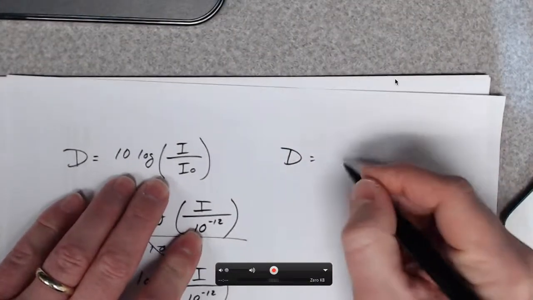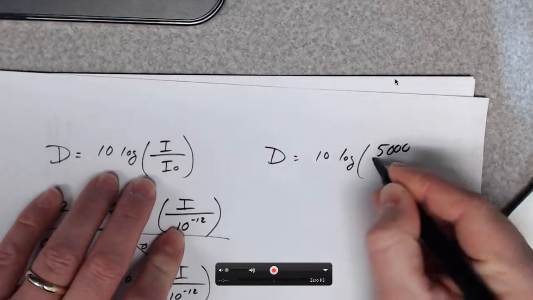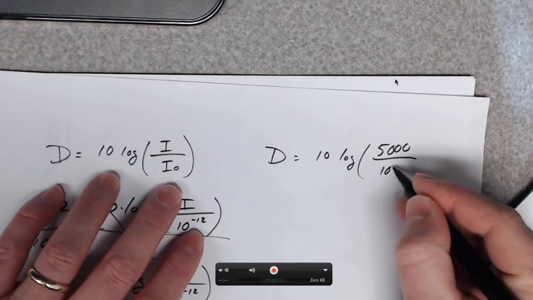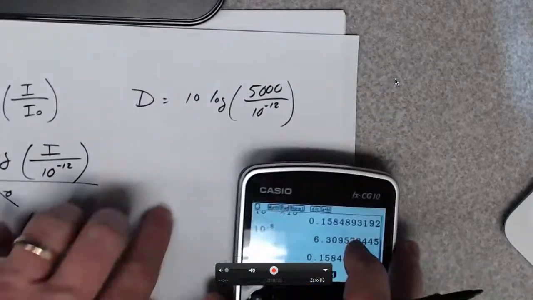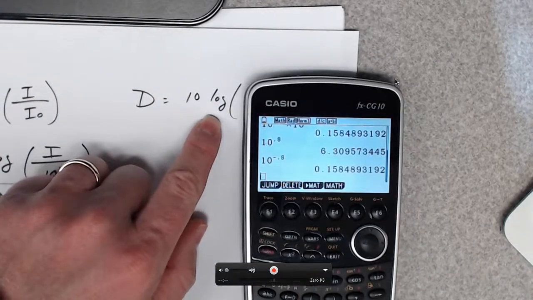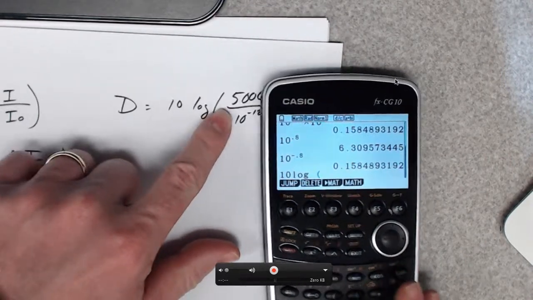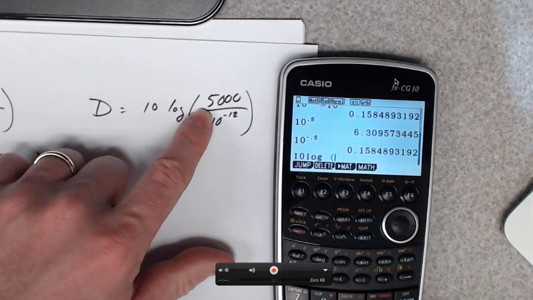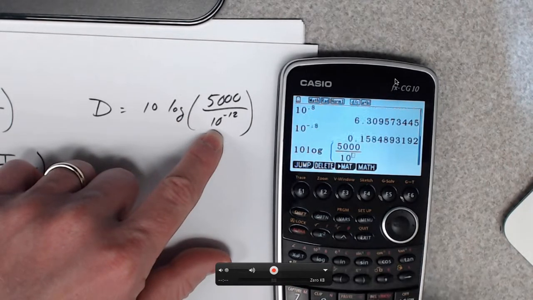They're asking for decibels this time. And it's still the same, 10 to the negative 12. I'm just going to type this straight into the calculator because it's just a regular old log. So 10 logarithm, I'm going to use a parentheses for my calculator, 5,000 over 10 to the negative 12.